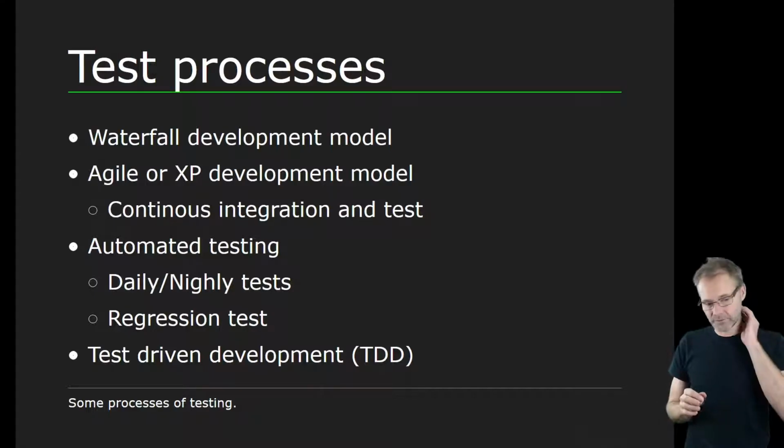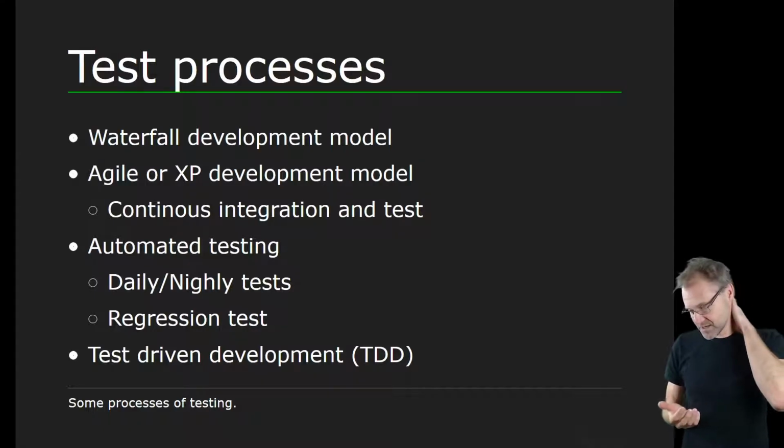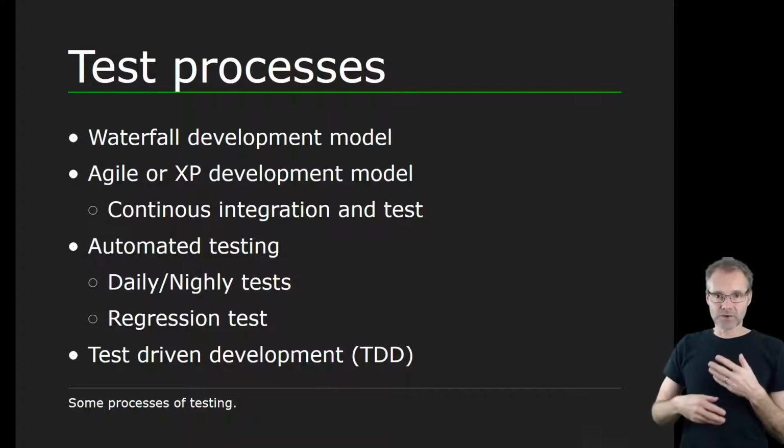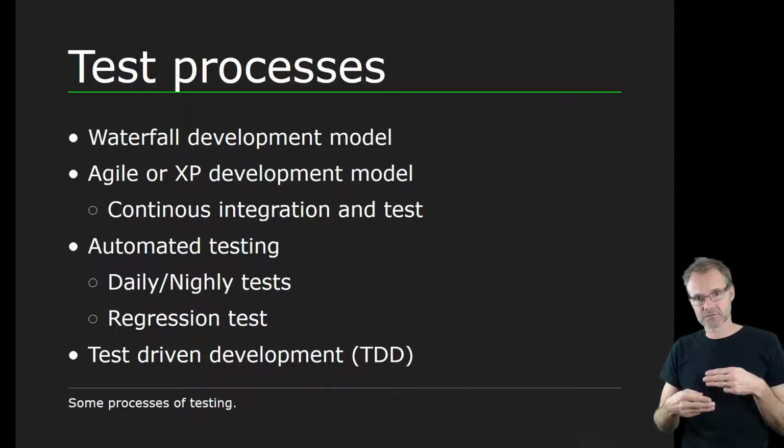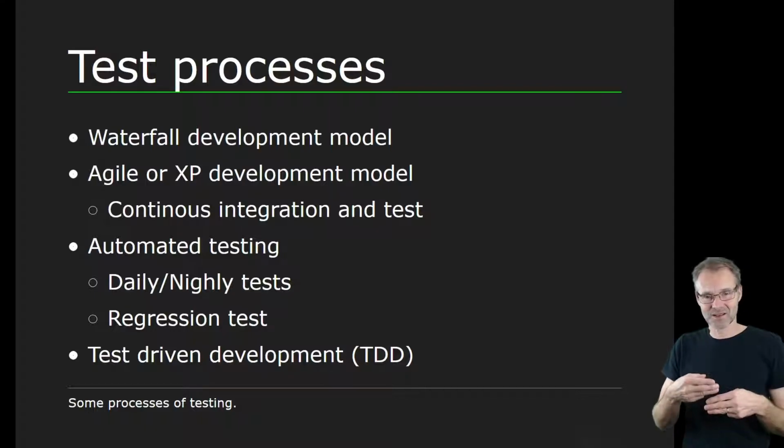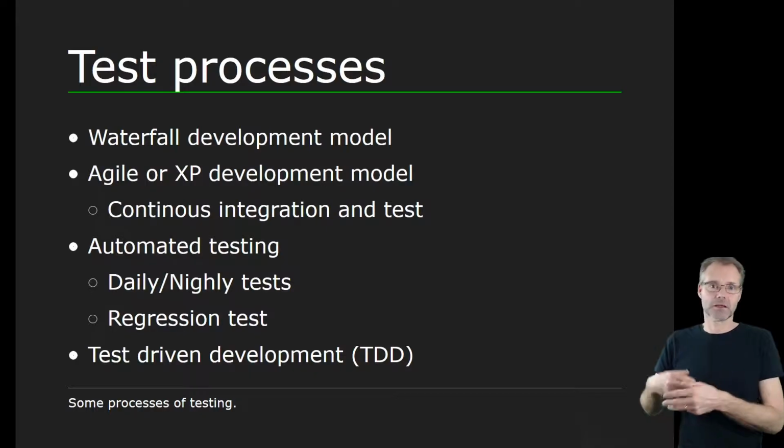Or we could do a bit more like agile or XP development process, where we do it in small steps. We design our program, we code it, we test it, we release it, maybe in 1 week, and then we do another cycle the next week, and the next week.